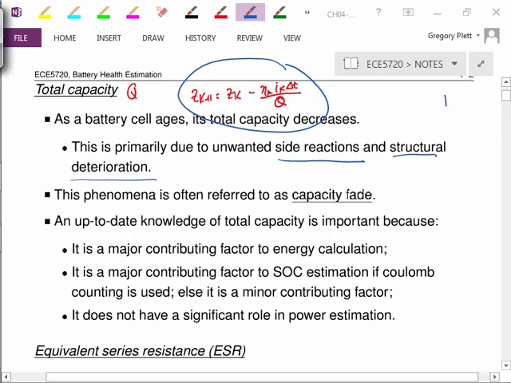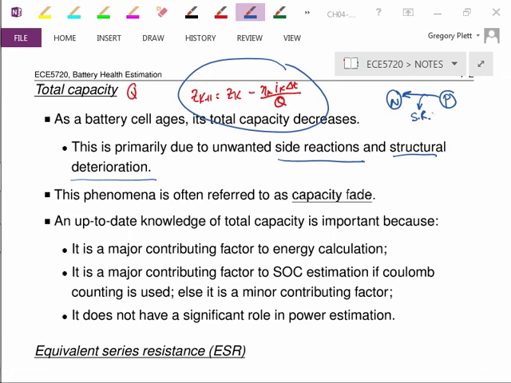So maybe when I'm charging, it's supposed to go from the positive electrode to the negative electrode. That's the idea, but there's some that's lost to a side reaction. And that ends up causing the voltage operating windows in the electrodes to change. And if I have a fixed Vmax and a fixed Vmin for this cell, that's going to mean that I've lost capacity between those Vmax and Vmin, it turns out.